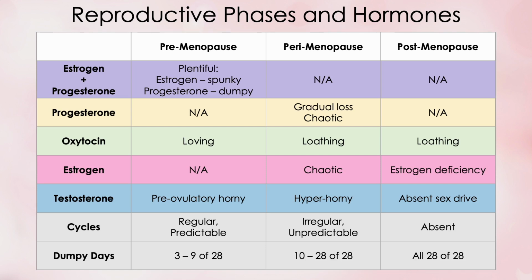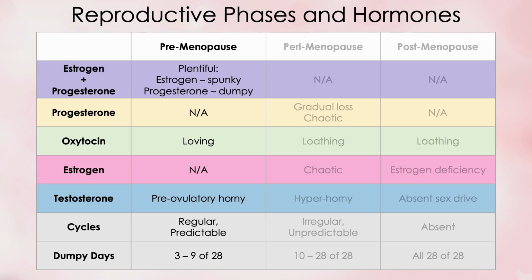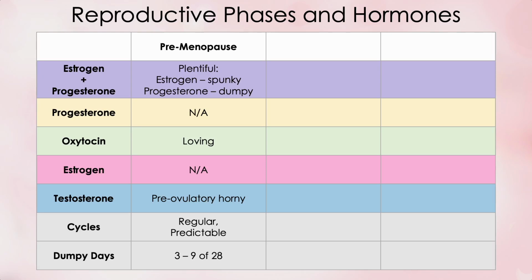Today, we'll delve specifically into the pre-menopausal phase. So that means we'll focus on only the pre-menopause column. If we limit our chart to just that column, we get this. We also created a list of all the symptoms of excess and deficiency for each of our three reproductive hormones.